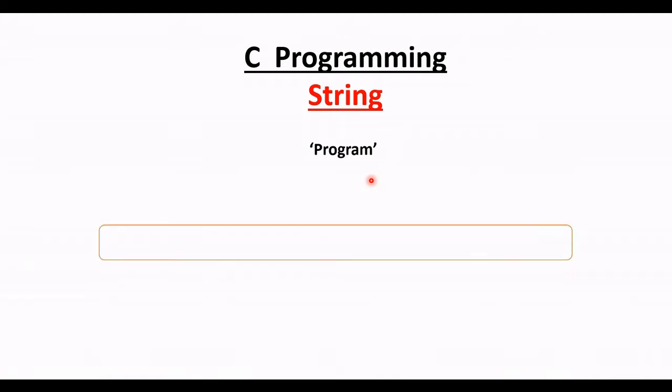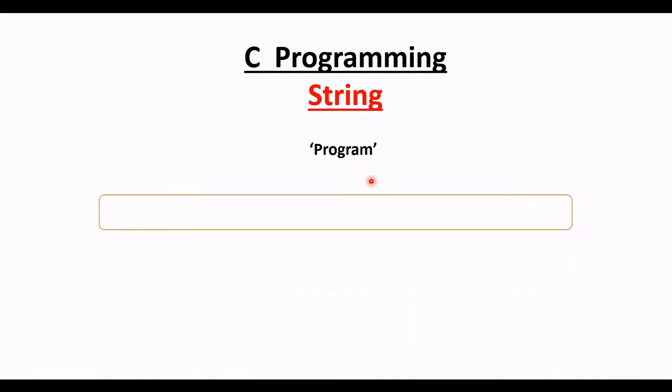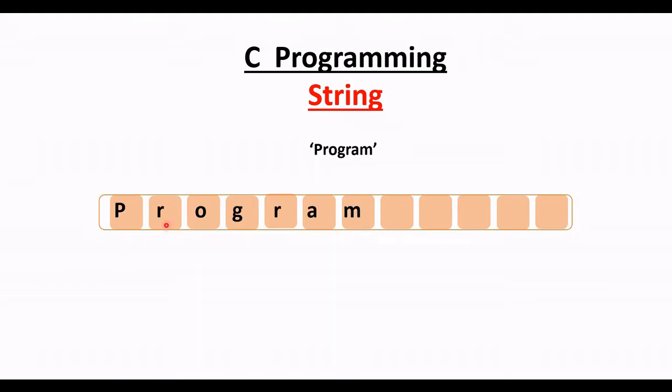Suppose this is one character array I have defined inside our program. These are all the memory blocks available inside that array. And when I keep this program inside our array, in this way all of it will be stored.